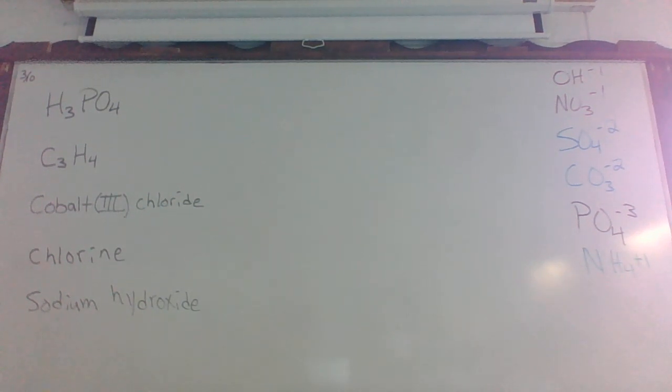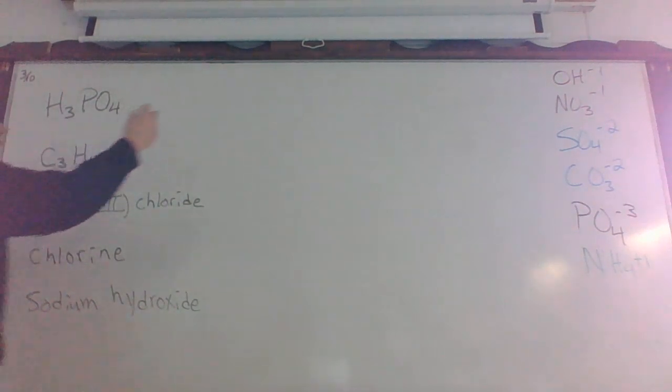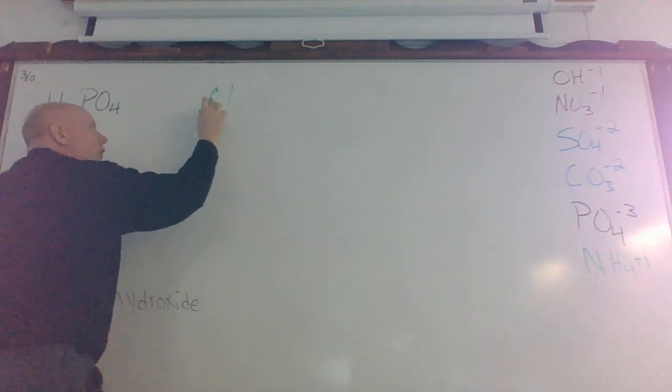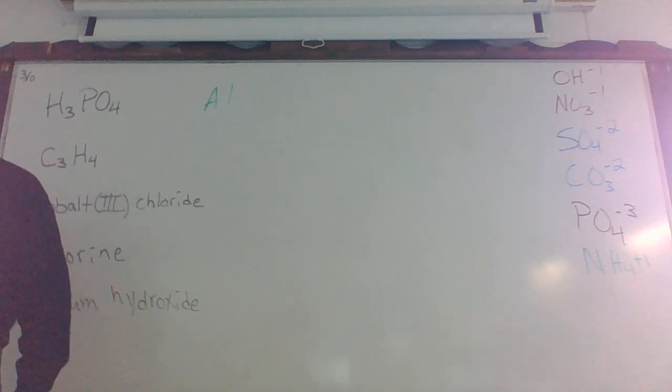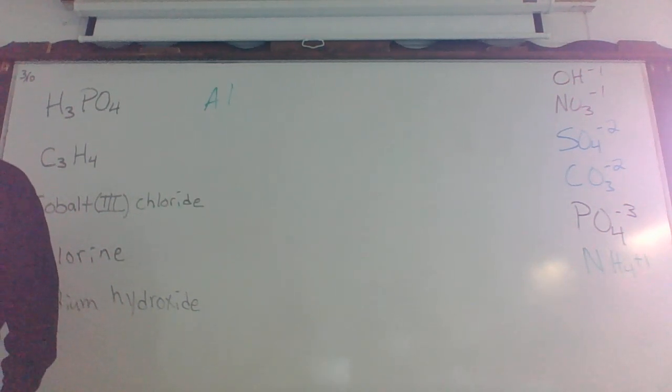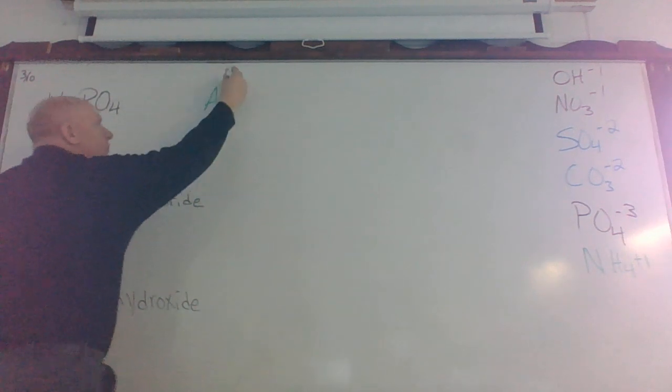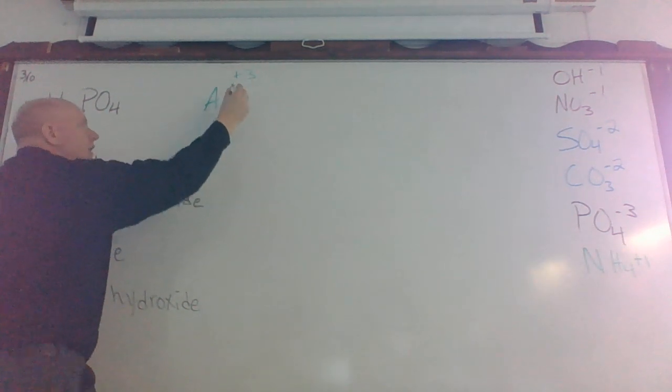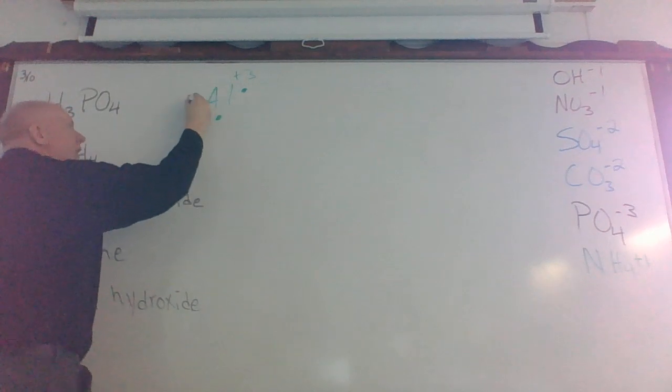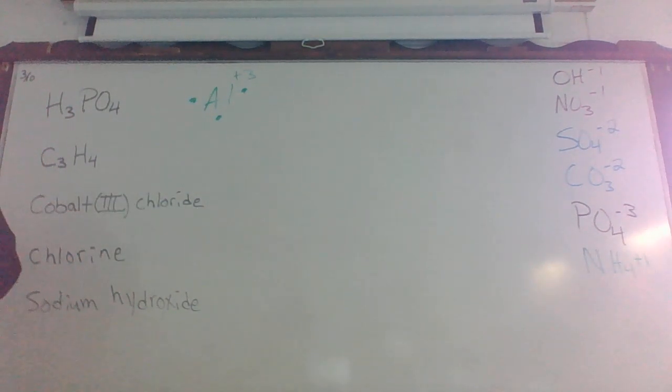Now, we can base that off of this guy right here. It's very similar. Aluminum is also in column 3, right? So how many valence electrons is that? So if this forms a +3 charge, which it does, that must mean there's 1 there, 1 there, and there, 1 there. And that's what it would look like.